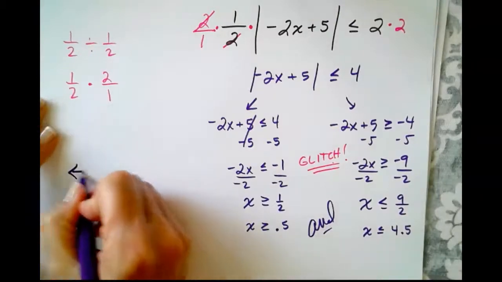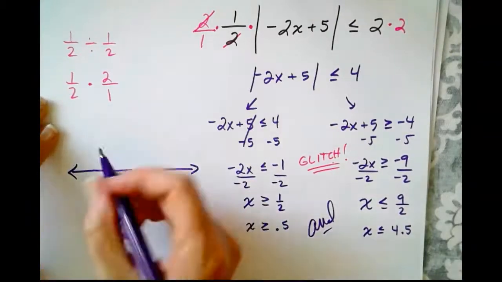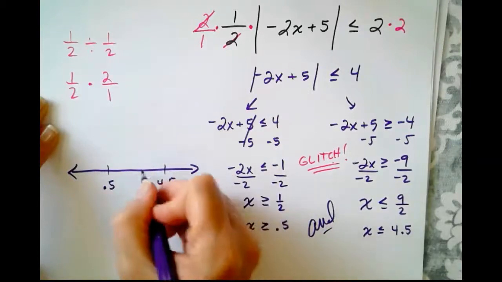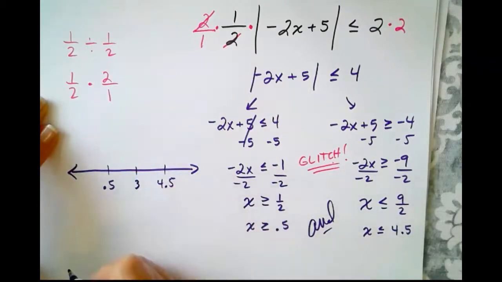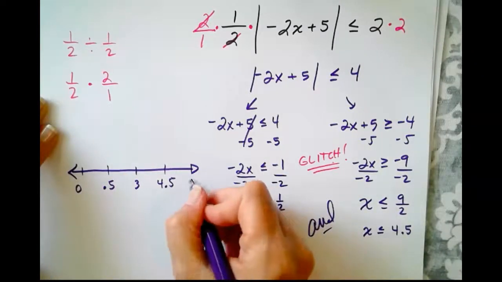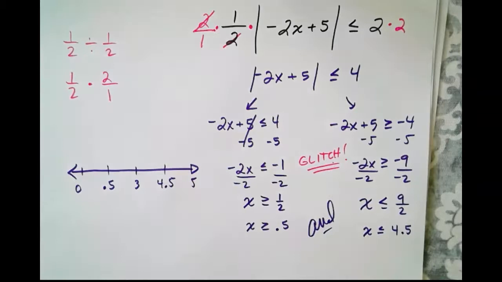I'll put my number line right over here since I have plenty of room. 0.5 here, 4.5 here. If you want to, we can put 3 right in the middle. We can put 0 over here and 5 over here. That'll work. Remember, the number line doesn't have to be perfect. You just want it to symbolically represent your solutions.